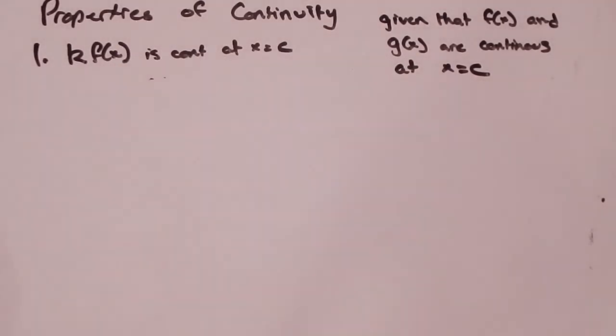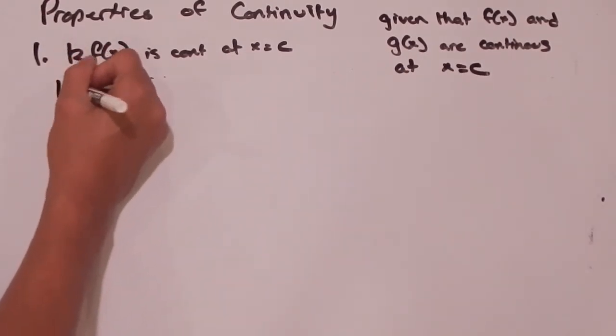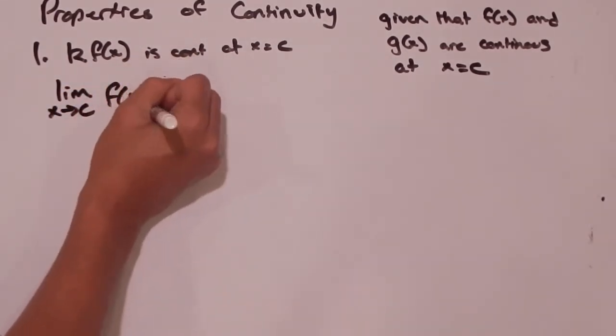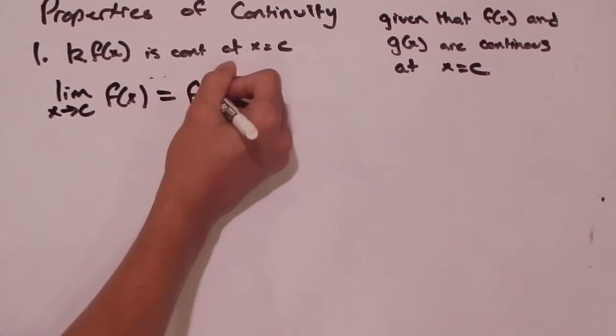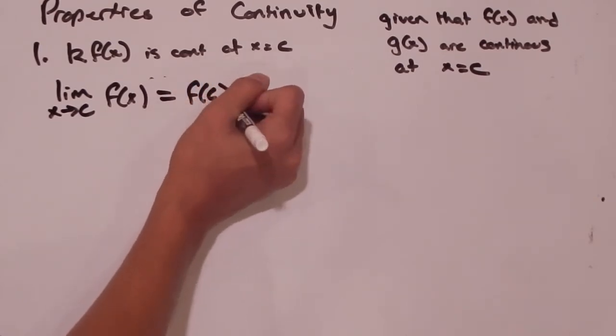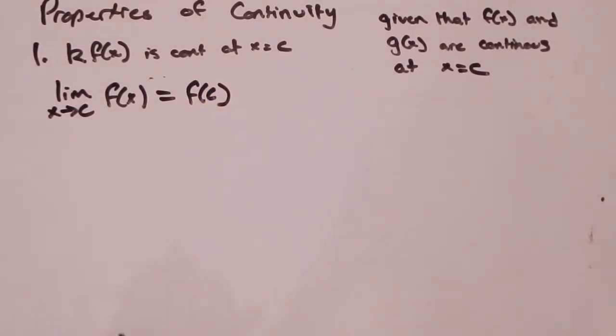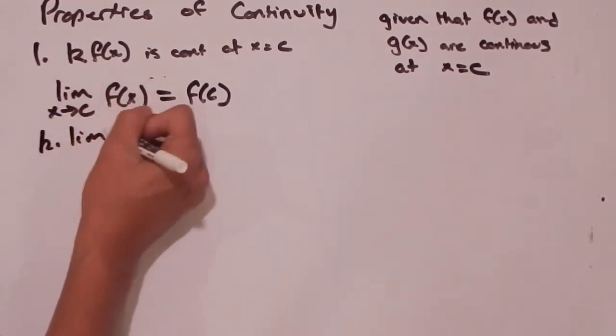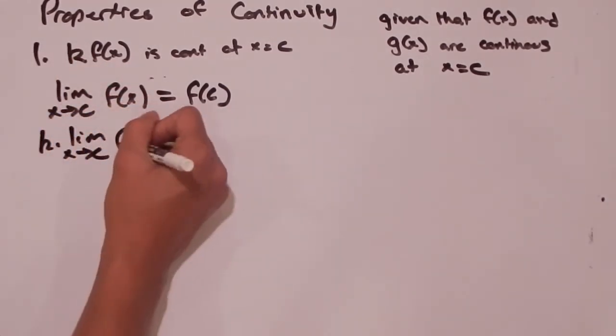So start with our scalar multiple property. If f of x is a continuous function at c, that means we know that the limit as x approaches c of f of x is equal to f of c. All we're going to do is multiply both sides by k, some constant.